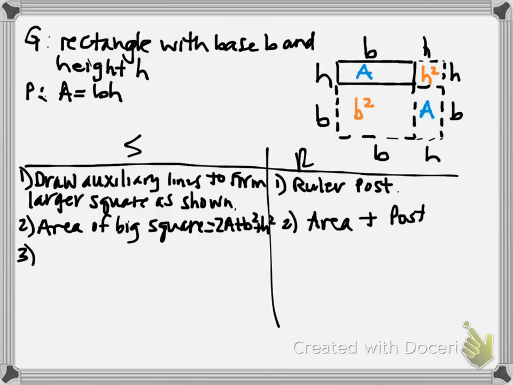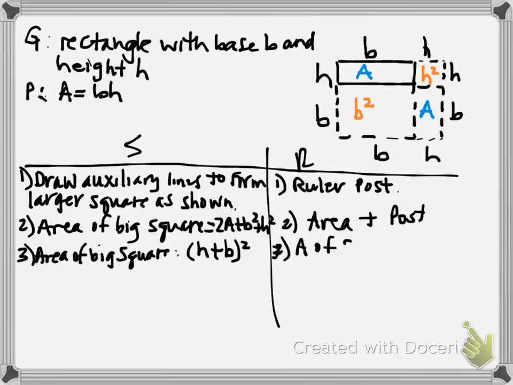Using the formula from postulate 17, we could say the area of the big square is equal to the length of the side squared. So that would be area of a square, A equals S squared.